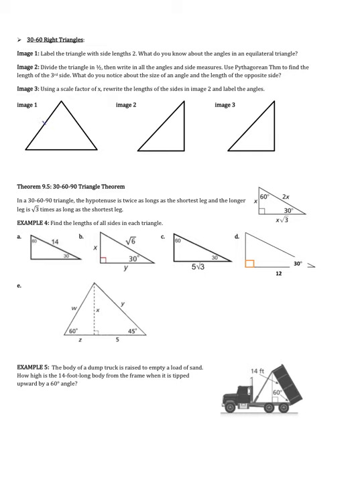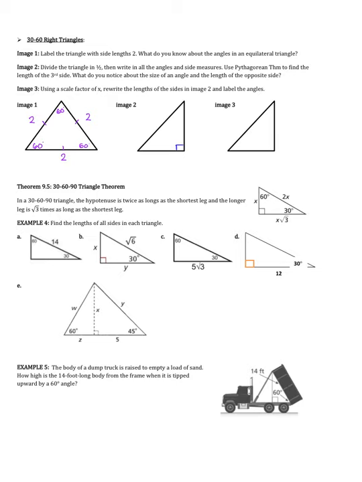So we start with an equilateral triangle because we know all the angles are going to be congruent, 60 degrees, all the sides are congruent, and I'm going to make each side worth 2. You could do anything, but 2 is a nice friendly number, as you'll see in a second, because we're going to cut that triangle in half.